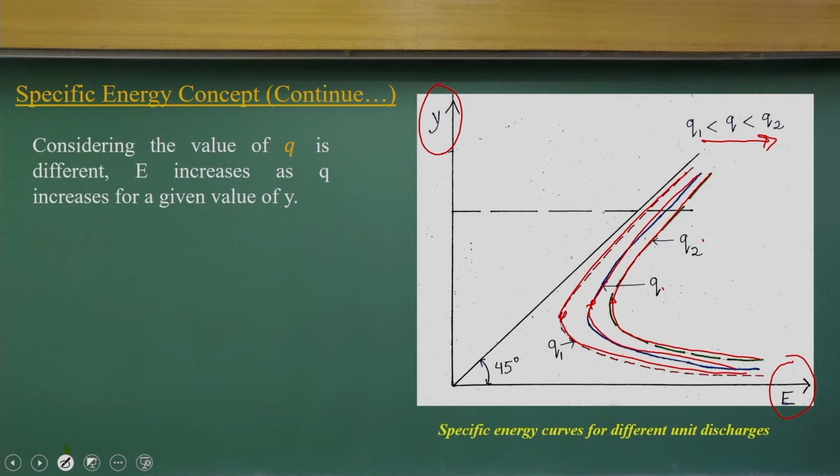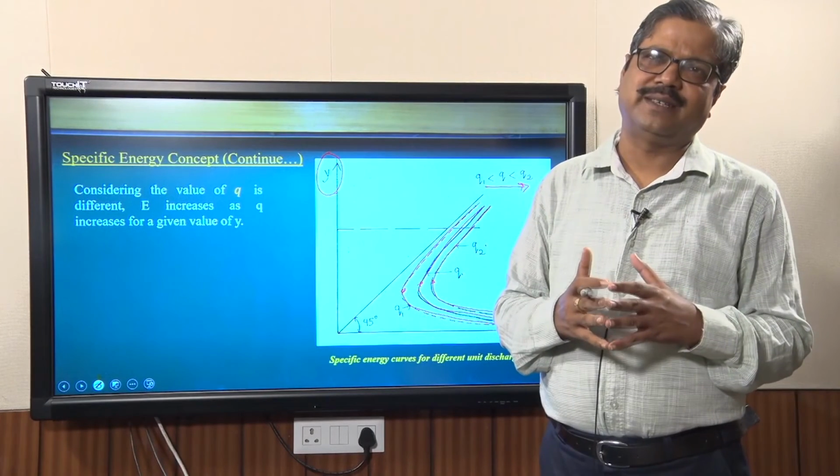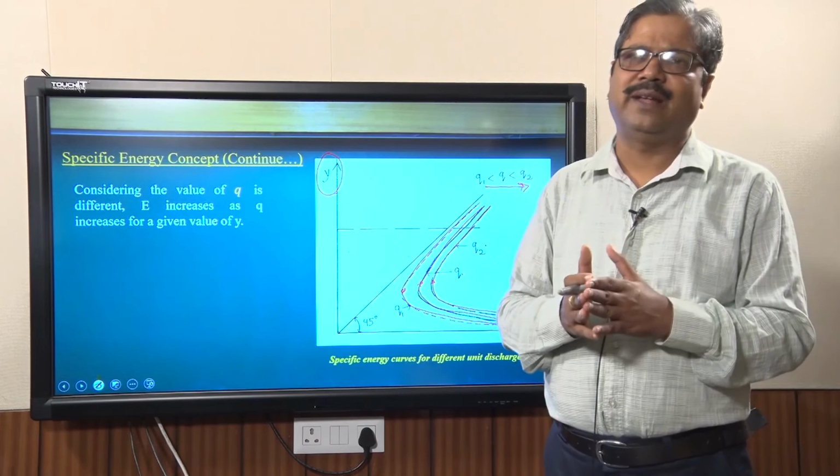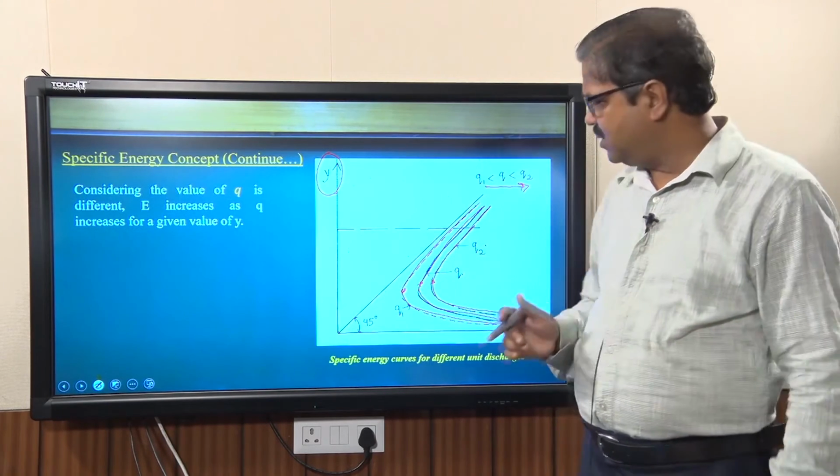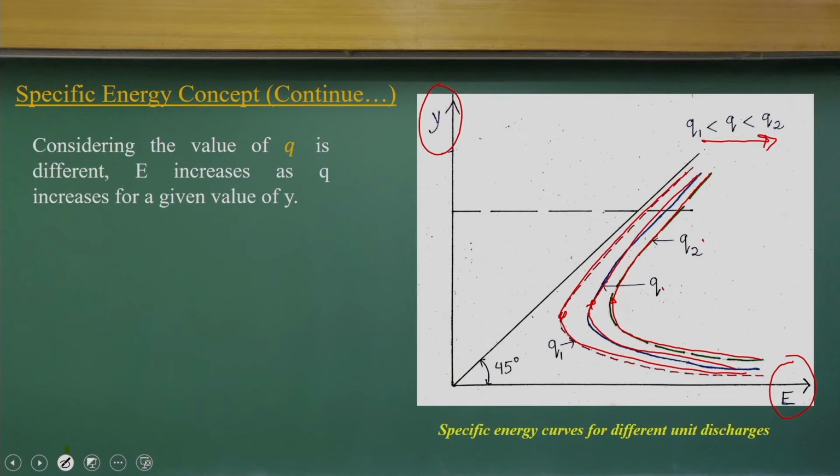But if q is lesser, the minimum specific energy is lesser as compared to these ones. So, we can understand that as the river width increases or decreases, the minimum energy concept also changes, and the critical flow depth also changes.